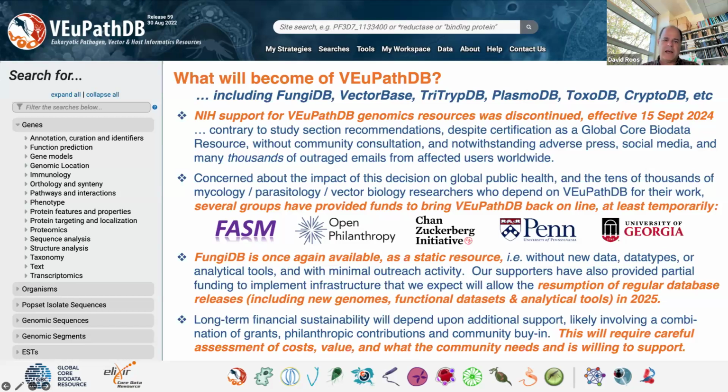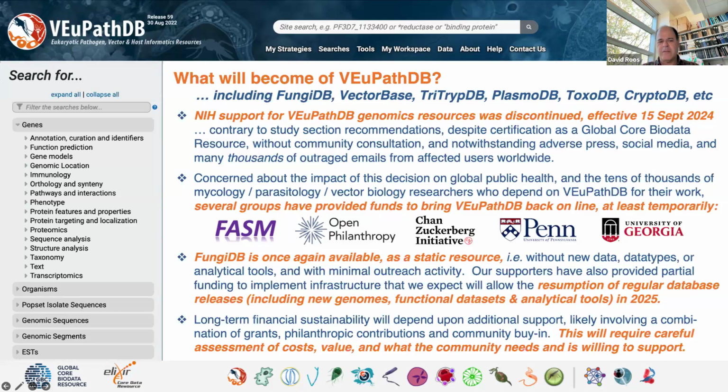We've been supported by a variety of donors, including grants and other awards from the Burroughs Wellcome Fund and the Wellcome Trust and the USDA and the WHO and the Bill and Melinda Gates Foundation.